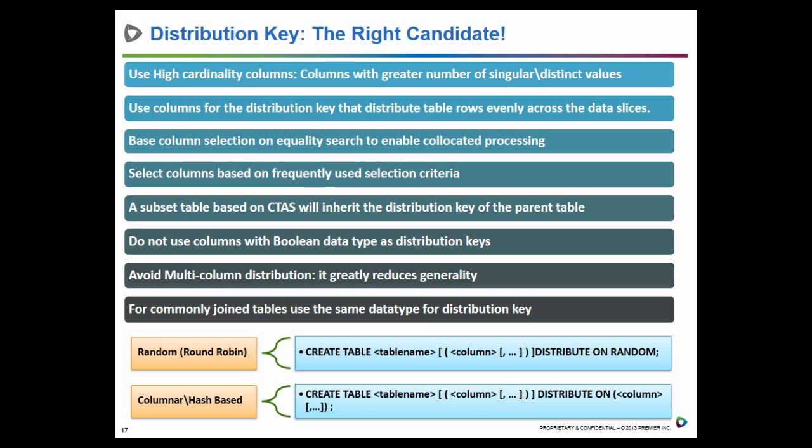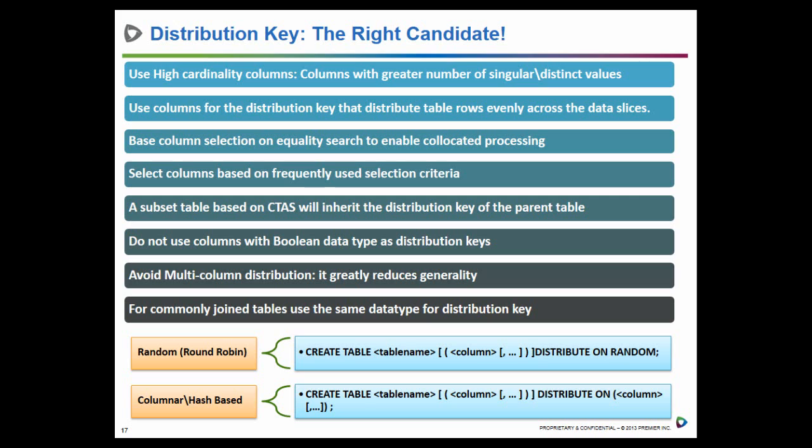So if your patient table has, let's say, 500,000 patients, and you have 100 SPUs in Netezza, that will enable you, if you use your patient key for your distribution strategy, to distribute almost 50,000 patients on every single SPU, or maybe it's 5,000. I may have my math incorrect there.